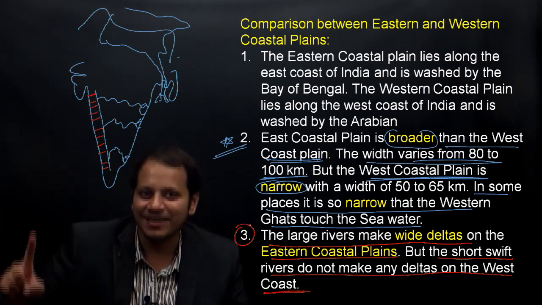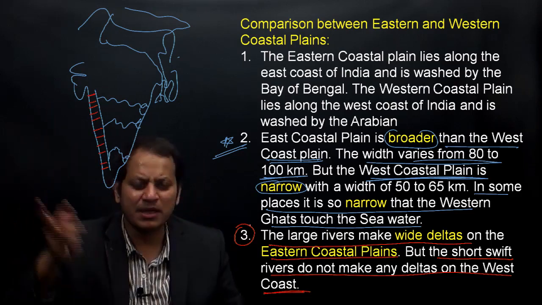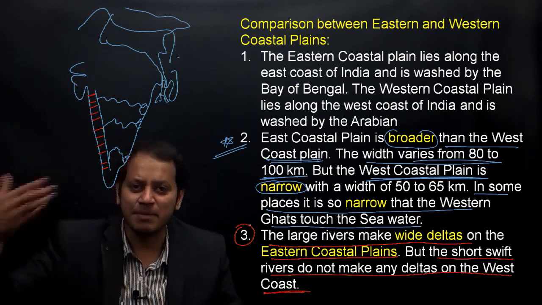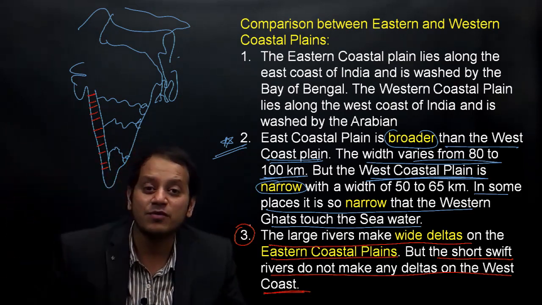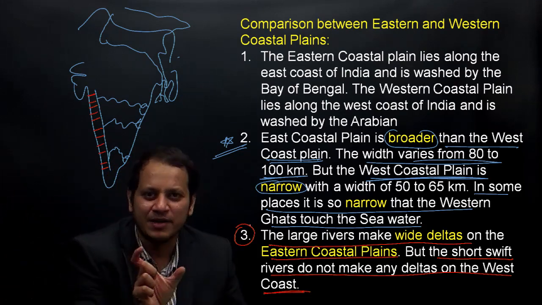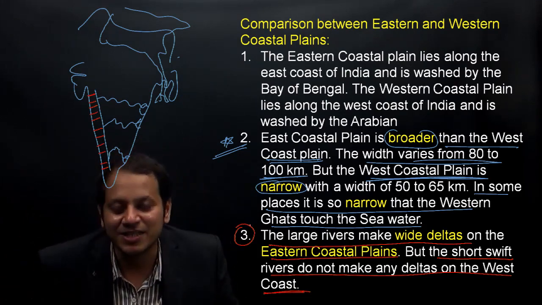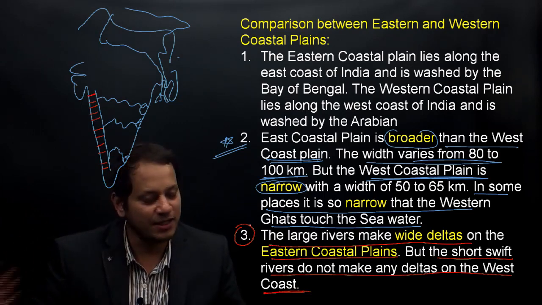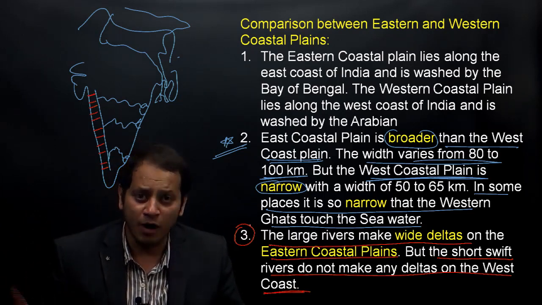On the other hand, the west flowing rivers, except Narmada and Tapi, we will do that separately, are short and swift, and therefore they do not have large sediment load to form a delta. Therefore, they do not form a delta.